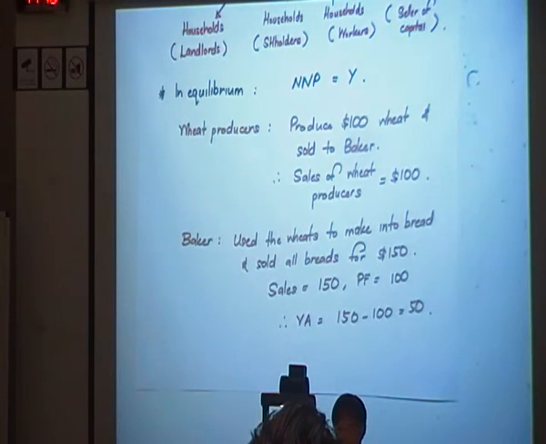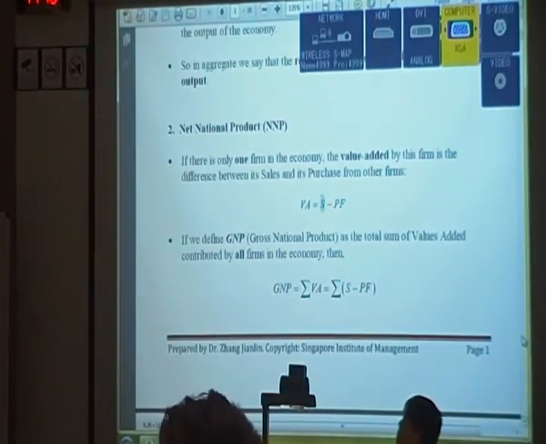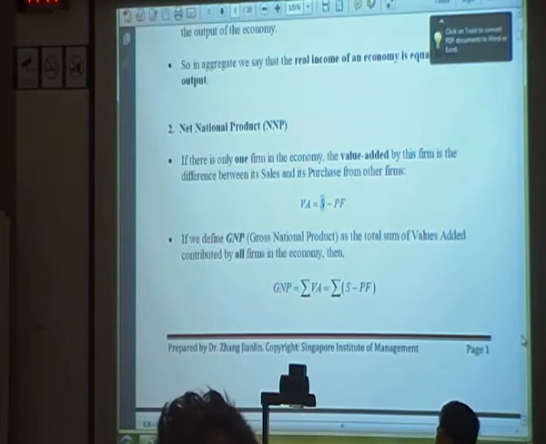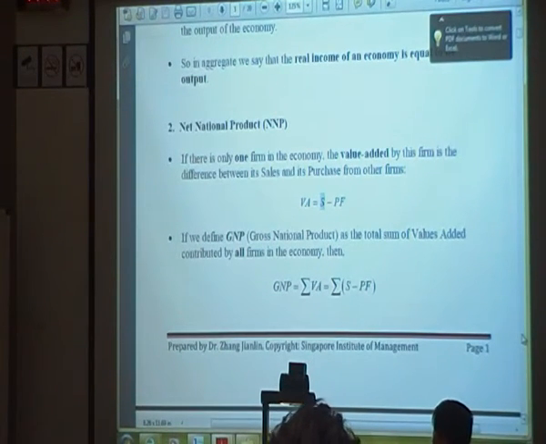Now, when we look at GMP here, GMP is the sum of the value added, which we take as the sum of the sales minus away the purchases from the firms.